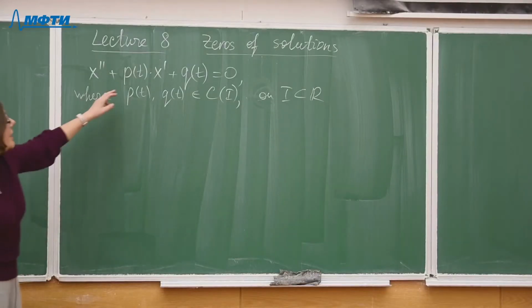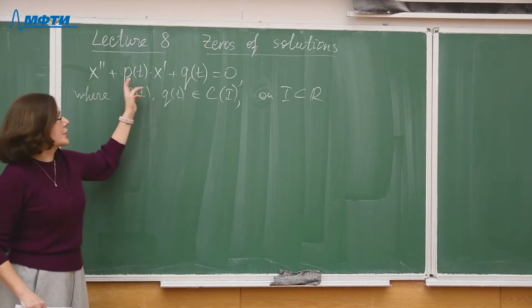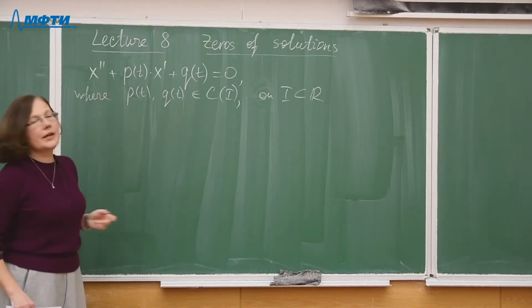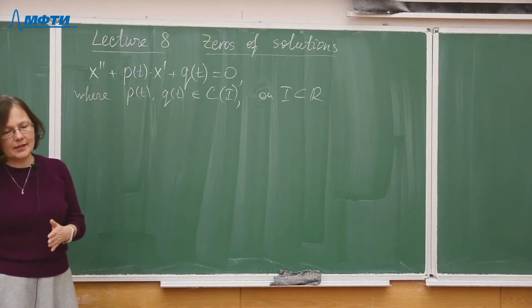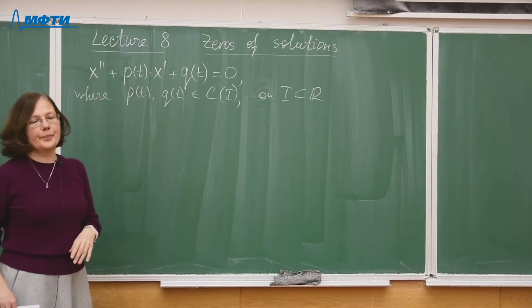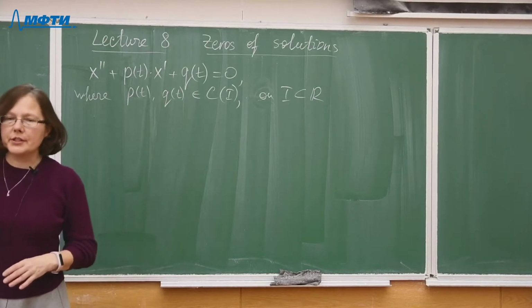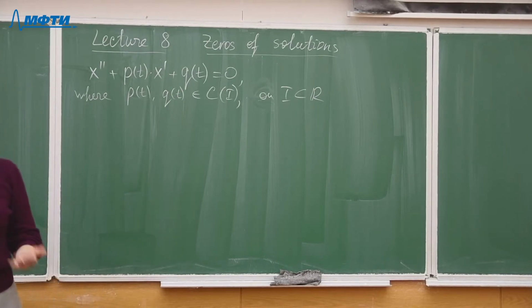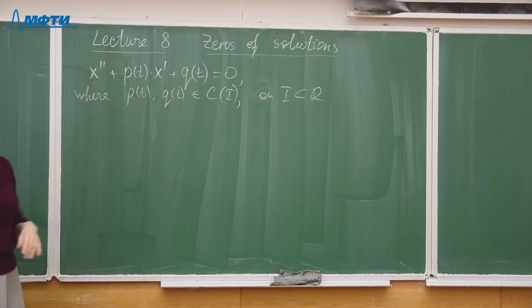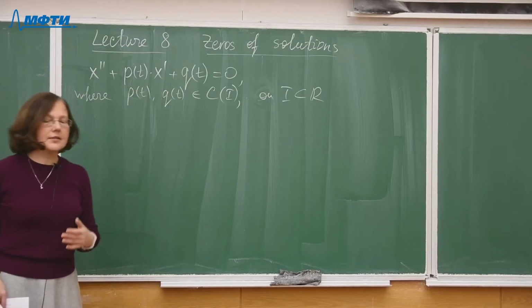So we are able to solve the equations of this form when P and Q are constants. If P and Q do not depend on t, if they are constants, we are able to solve this equation. But if P and Q are variable functions, then it is impossible.